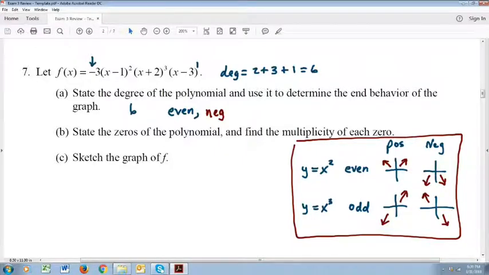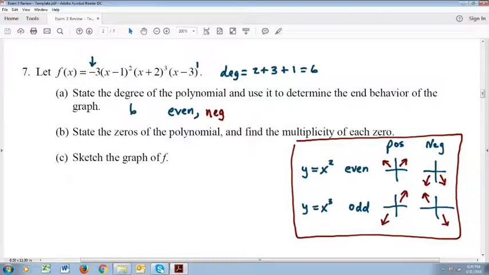So basically, for even functions like y equals x squared, we know if the leading coefficient is positive that on each end the polynomial is going to rise, and if the coefficient out front is negative, on each end the polynomial is going to fall.